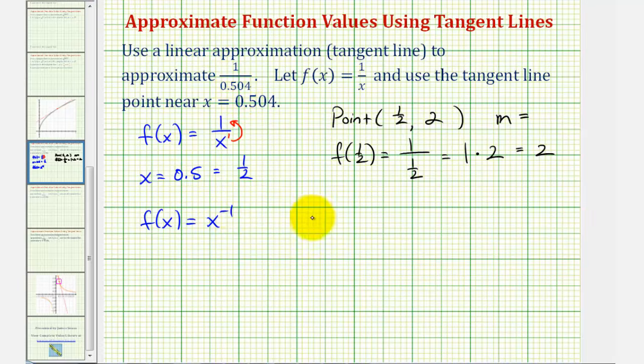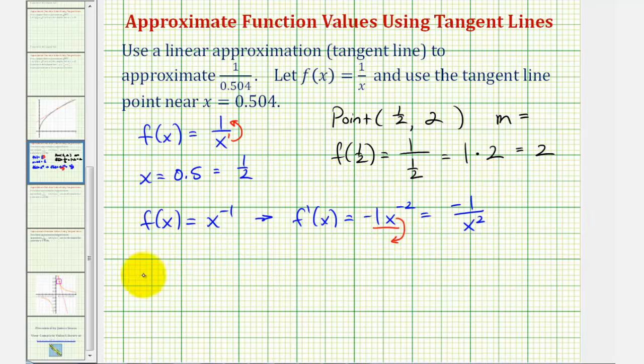And now we can apply the power rule to find our derivative function. F prime of x would be equal to -1 times x to the power of -1 minus 1, that'd be -2. This would be -1 divided by x to the second. If we make this a fraction and move this down to the denominator, it changes the sign of the exponent.